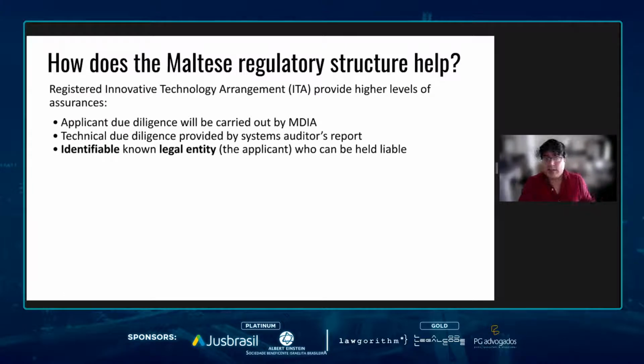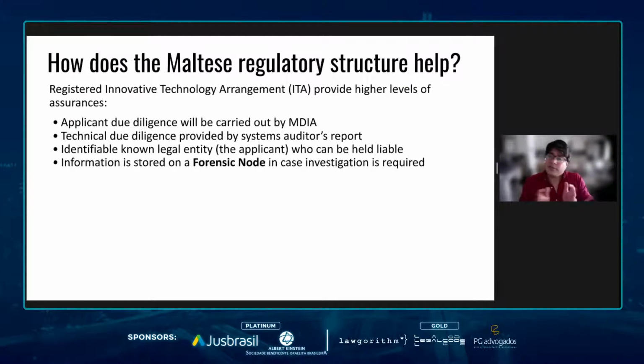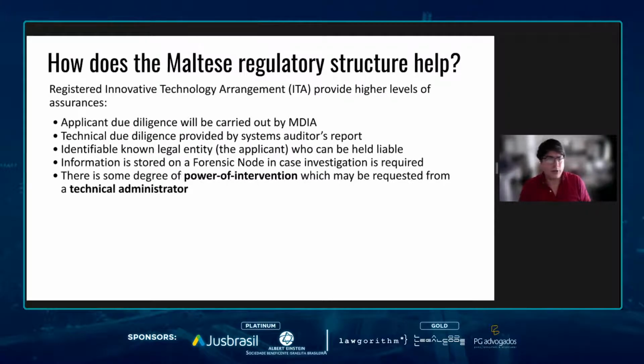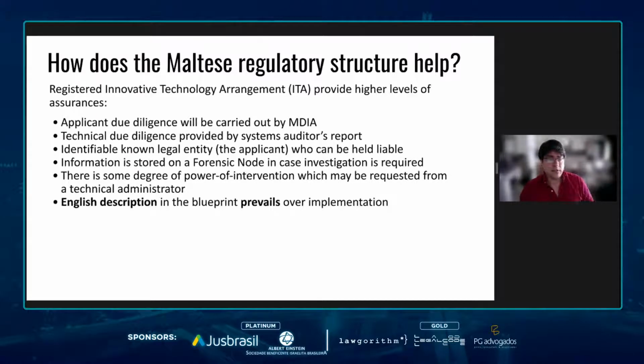Like I said, there's the identifiable known party, and there's a forensic node, which can be used for post-mortem events if required, if something went wrong, or if we're not sure why a particular algorithm took a particular decision; this can be investigated with the authorities or even other authorities. There's some power of intervention for when things do fail, and there's a first point of contact who can act when things do fail. And that will be the technology administrator.